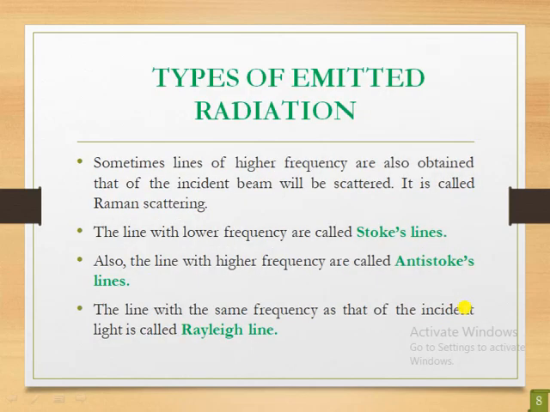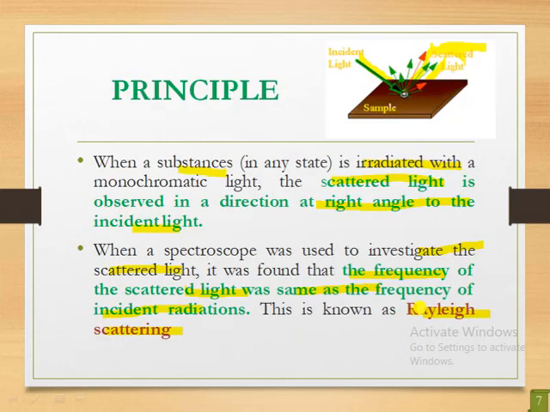Now we will see what the other types of radiations are. Sometimes the lines of a higher frequency are also obtained. As I said, here there is a line whose frequency is equal to the frequency of incident radiation, and that is Rayleigh scattering.